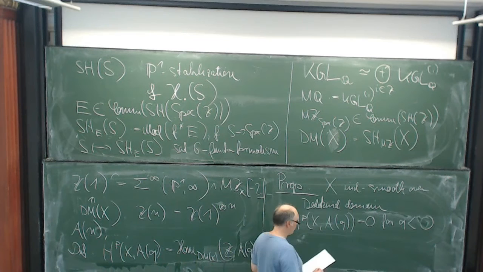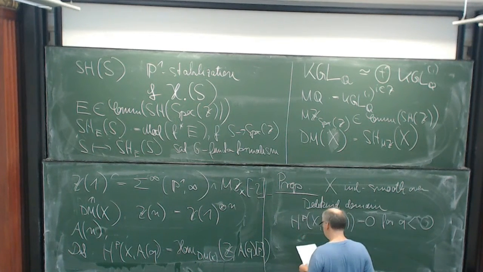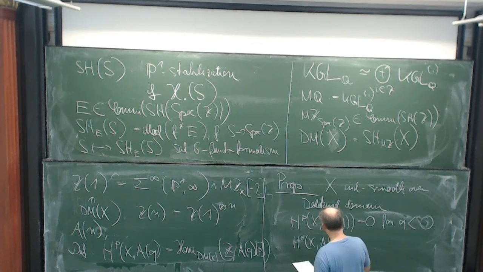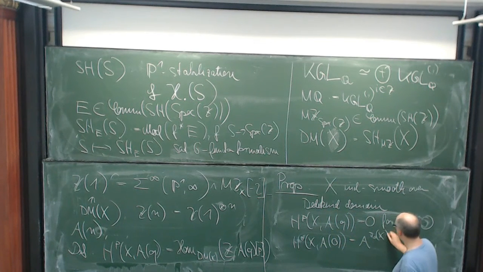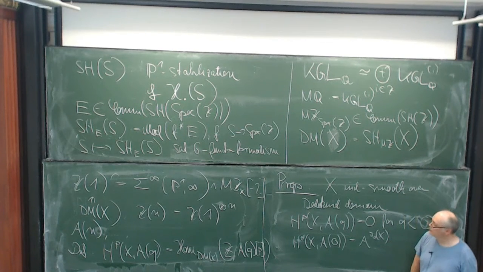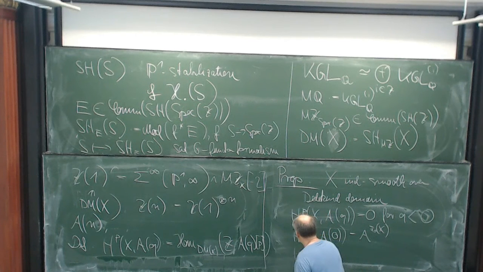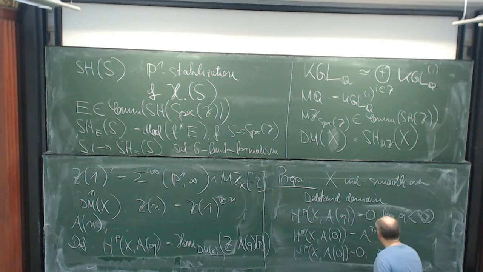So H0 is just a given number of copies of connected components of X. We have this usual property, and in weight 0 there's no other motivic cohomology. So H_P of X, A of 0 is 0 for P not equal to 0.